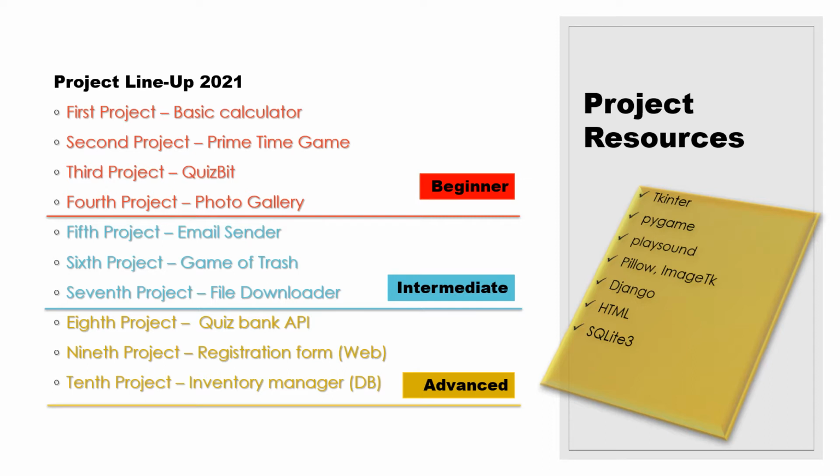And the ninth project is a registration form, which is web-based, and we'll talk about things like authorization, authorized users, and we'll use the Django foundation to bridge between Python and HTML. The 10th project is an inventory manager, which allows you to be resourceful in setting up a database and being able to manage that database using SQLite 3.